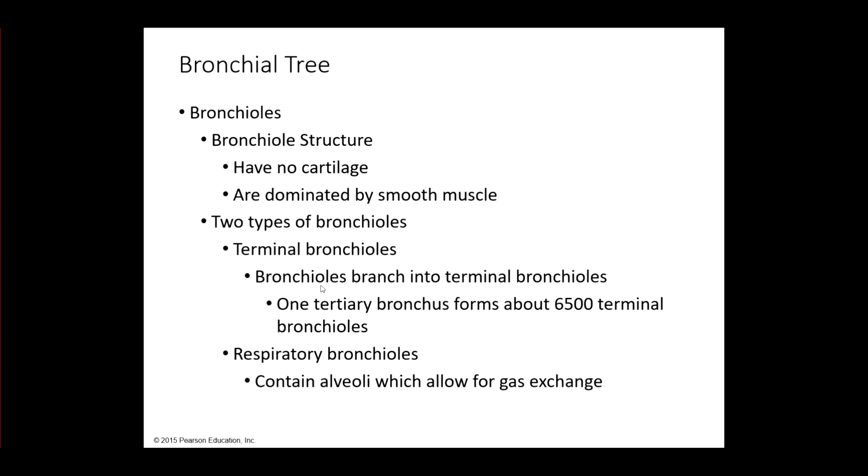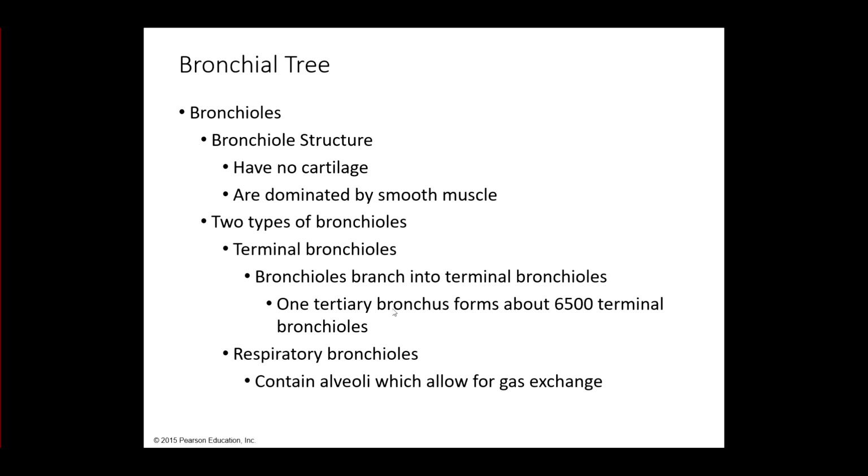Now, there's 2 different types of bronchioles. The small branches that are leading air towards an air sac are known as terminal bronchioles. The terminal bronchioles are just kind of leading air to an air sac. Look at this stat right here.